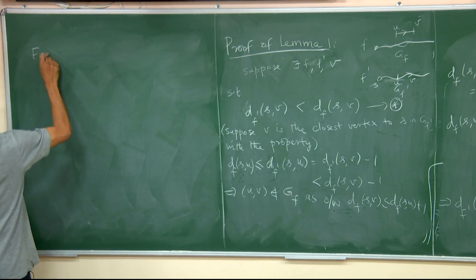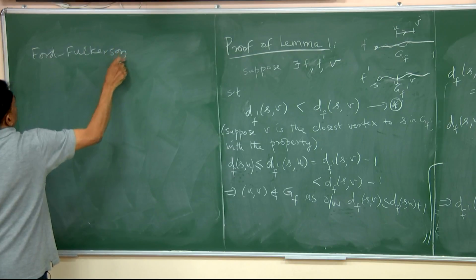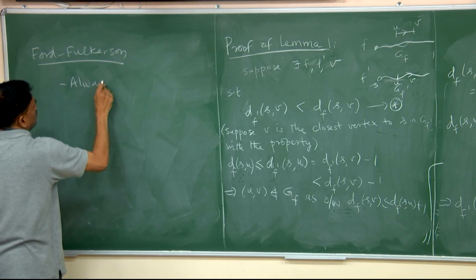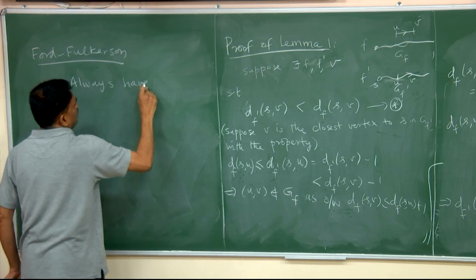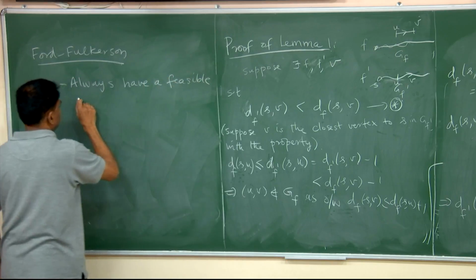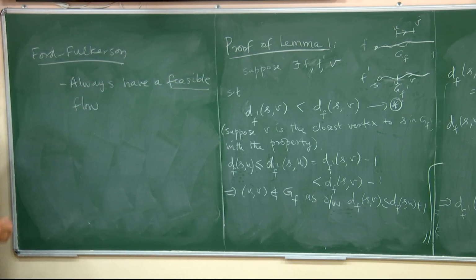What do I mean by feasible flow? You have to satisfy those two constraints, capacity constraints and conservation constraints.